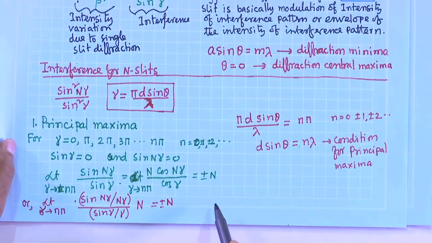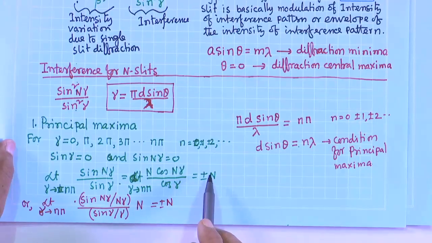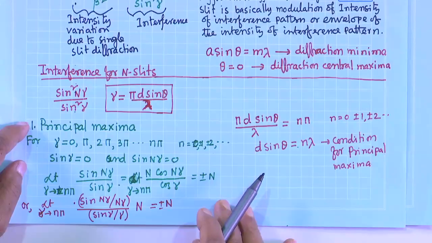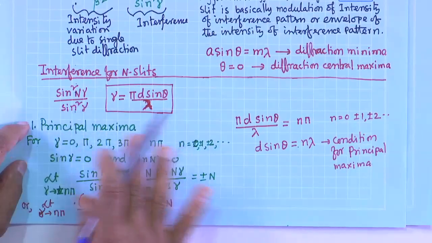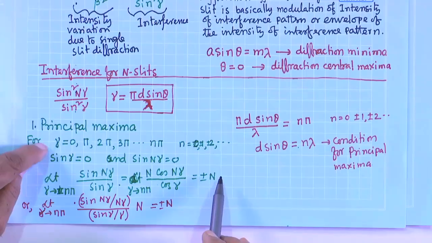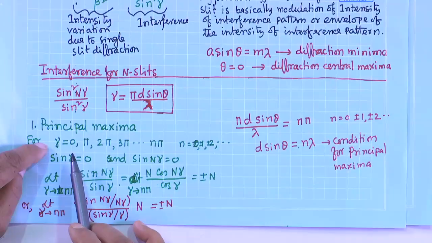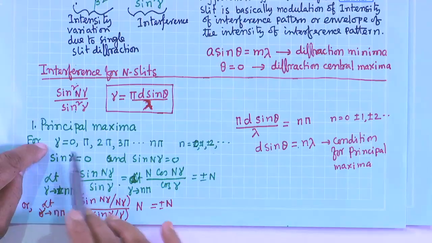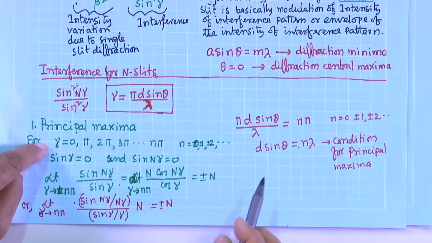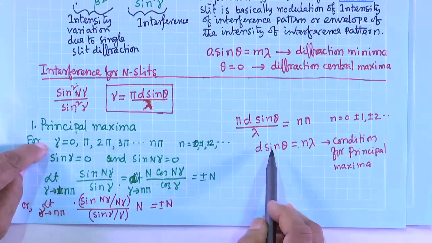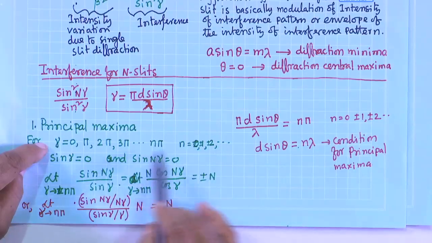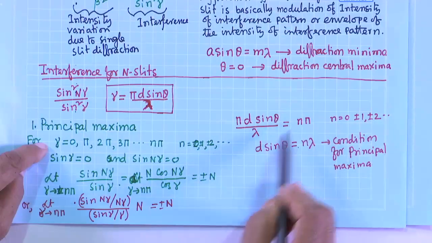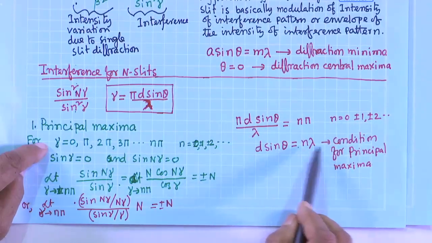So basically, the condition for the maximum intensity we are getting is when gamma equals n pi. Gamma equal to n pi gives d sin theta equal to n lambda.